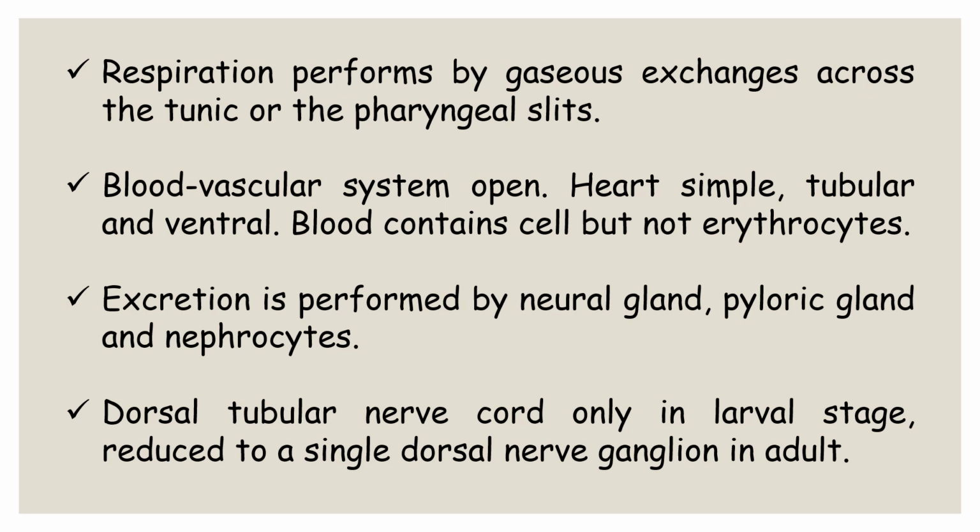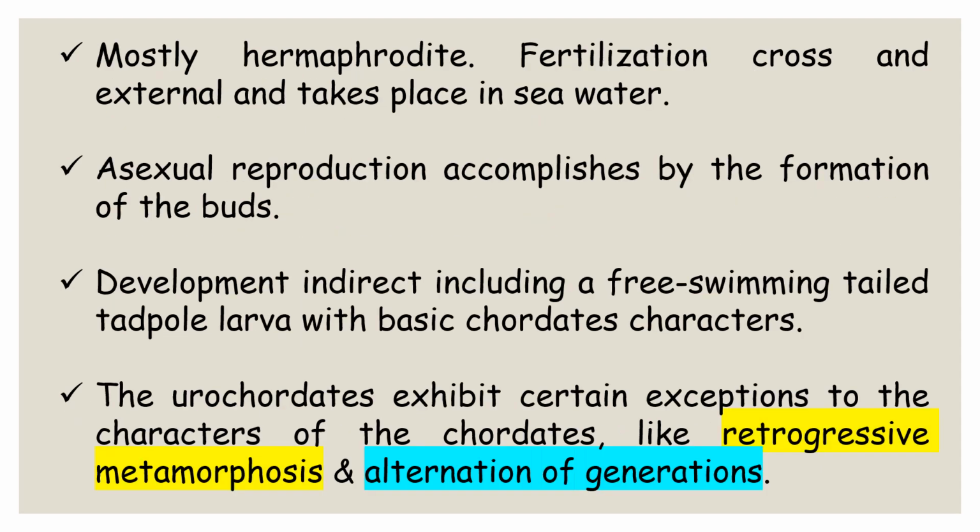The dorsal tubular nerve cord, as we already discussed, is present only in the larval stage, and is reduced to a single dorsal nerve ganglion in adults. They are mostly hermaphrodites, and fertilization is cross and external, taking place in seawater. Asexual reproduction is accomplished by the formation of buds, that is, by budding.